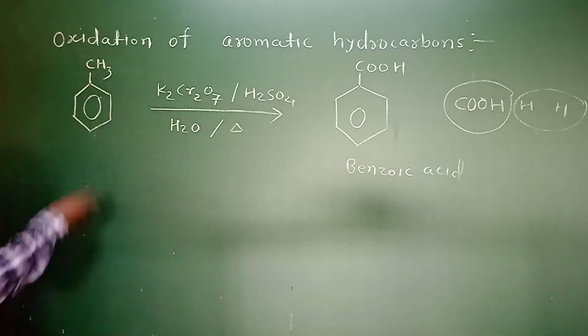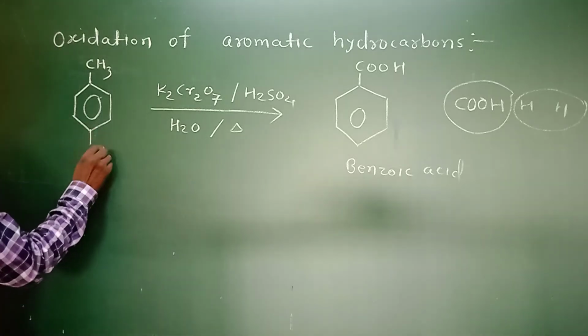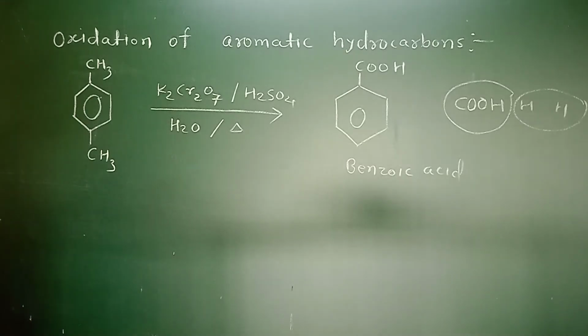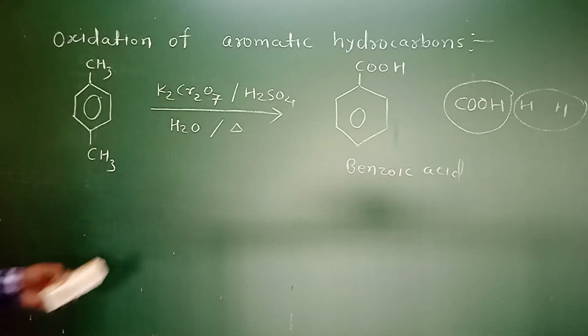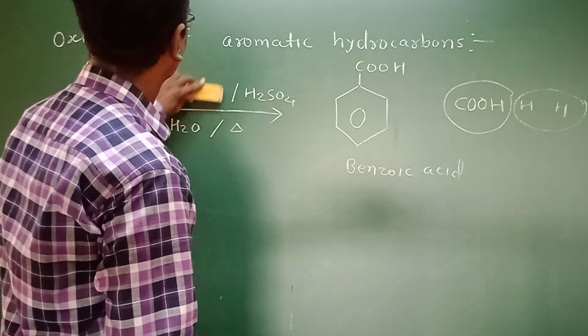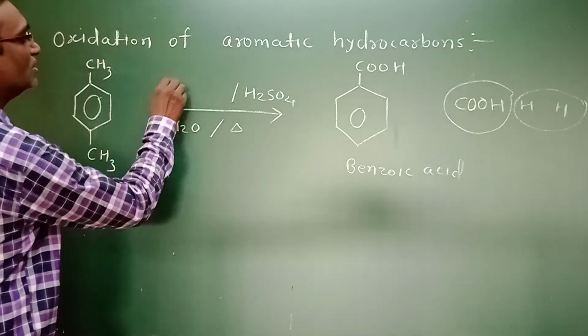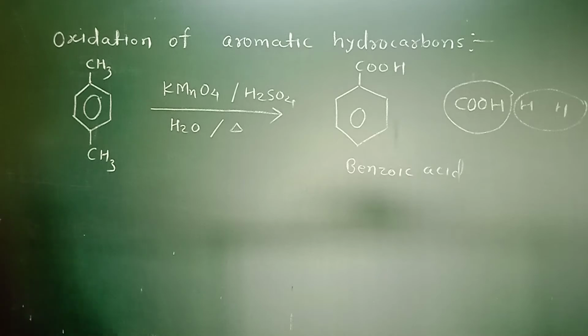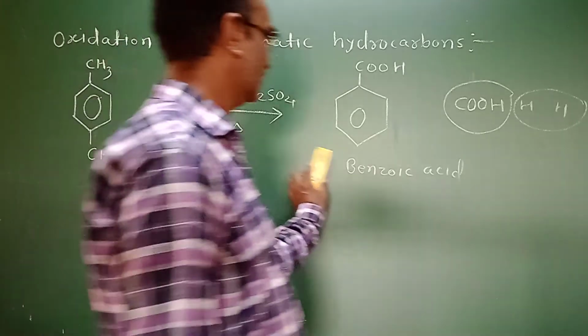Instead of that, you can learn another example also. If we use this compound, it is disubstituted: 1,4-dimethylbenzene. Instead of this one, you can also use KMnO4 here, acidified potassium permanganate.